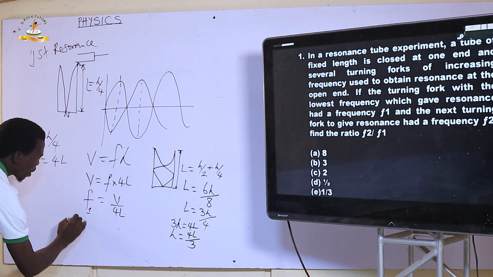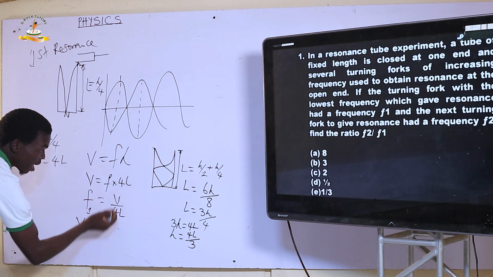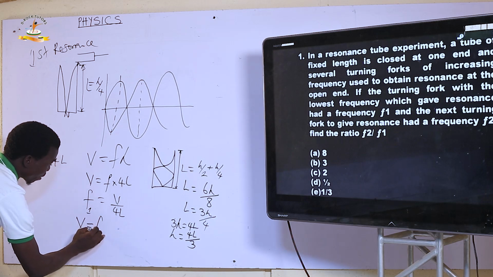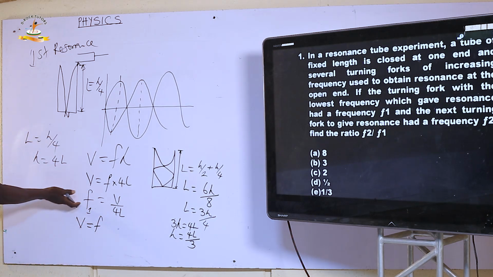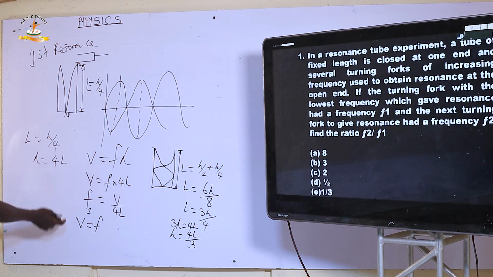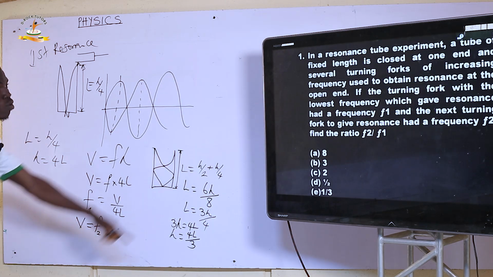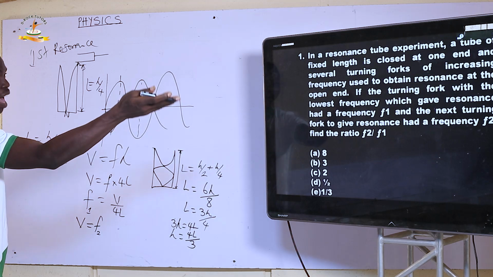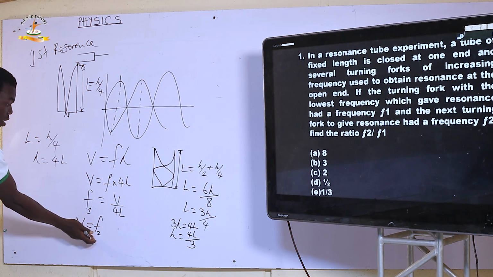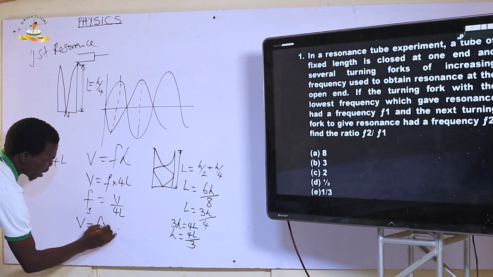So we're going to have V equals F, the same F, but this time around, to make sure we are not mixing it up with the first resonance frequency, we call it what? F2, according to the question. It says the next tuning fork to give resonance had F2. So that is the second resonance now. And we're going to multiply it by what?